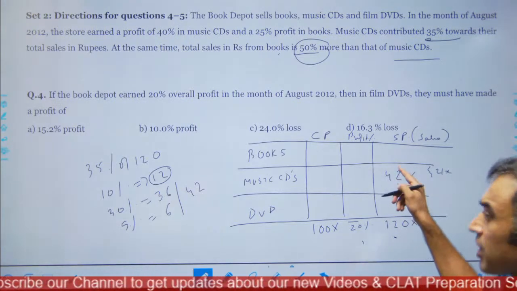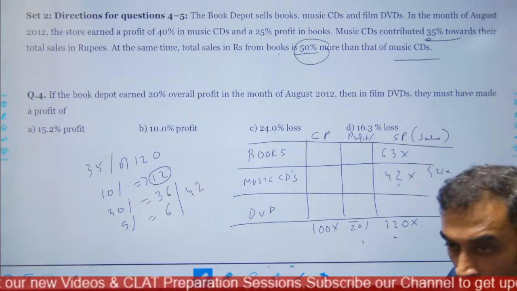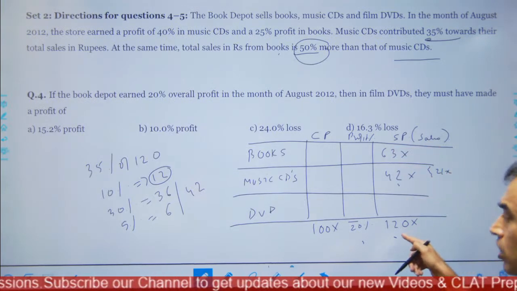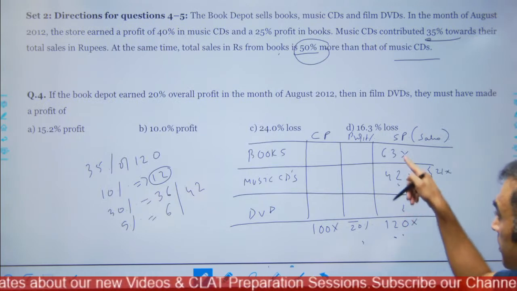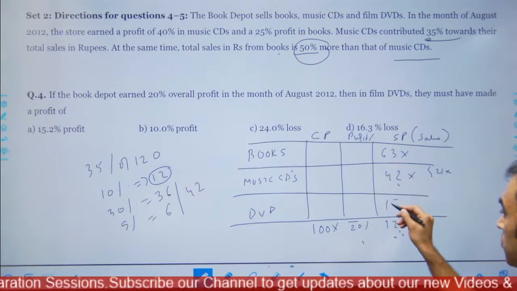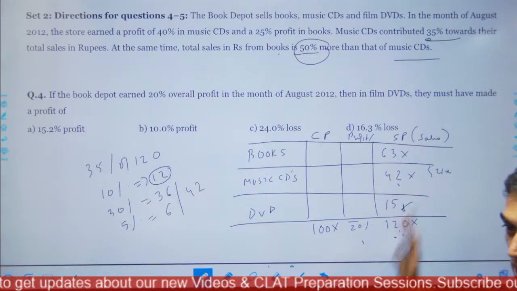Therefore, this becomes 63x. All right, we have got 2. The sum total is 120. So can we find this out? Yes, we can. This becomes 105. This is 120. Therefore, this becomes 15x. So we have cracked the sales part.